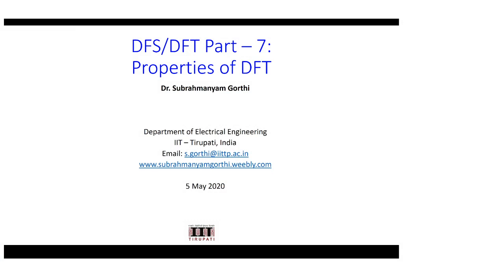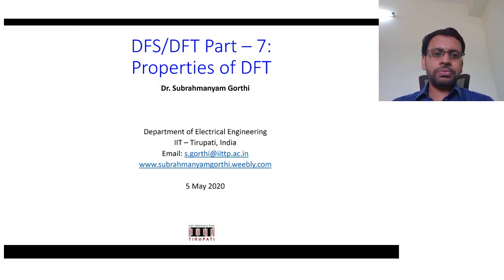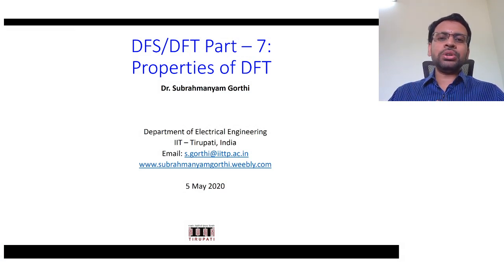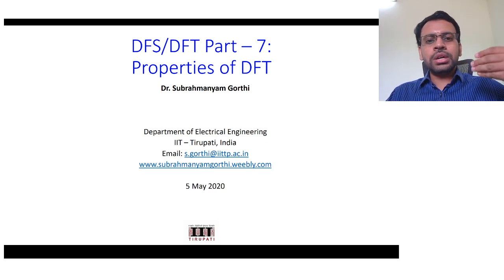Okay, so that's all for the properties of DFT. To summarize, the most important thing that you would be studying here is the circular convolution, which is equivalent to multiplying the DFTs of two sequences, N-point DFTs of two sequences.